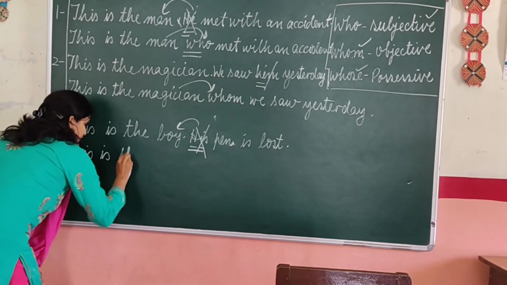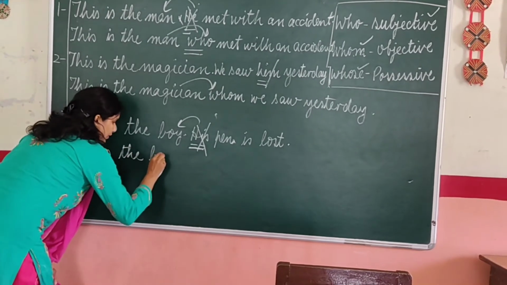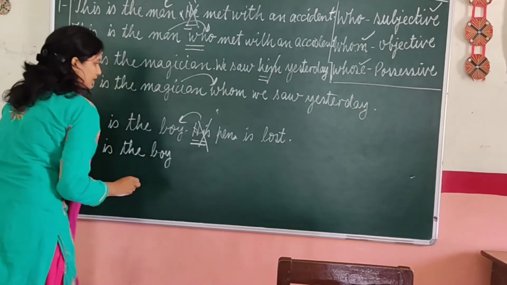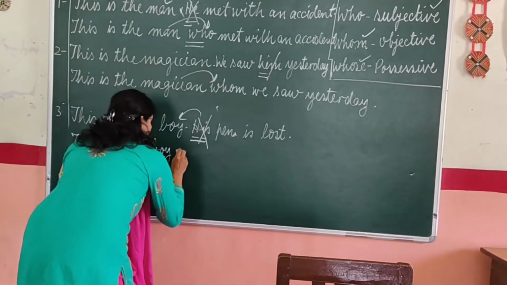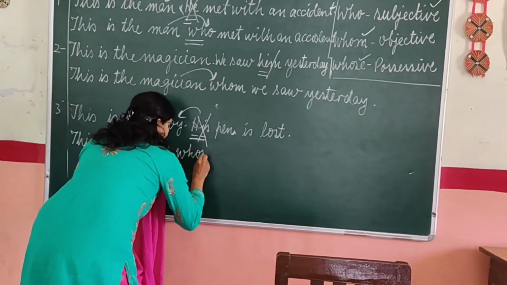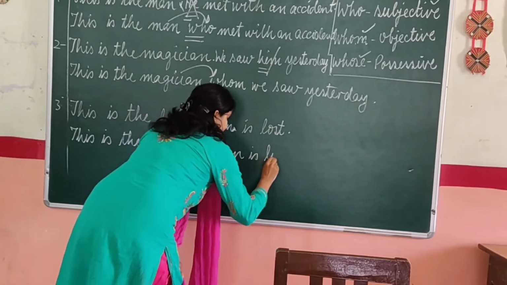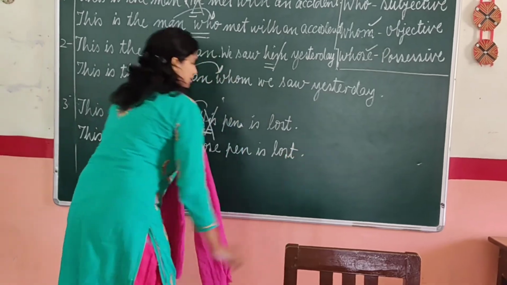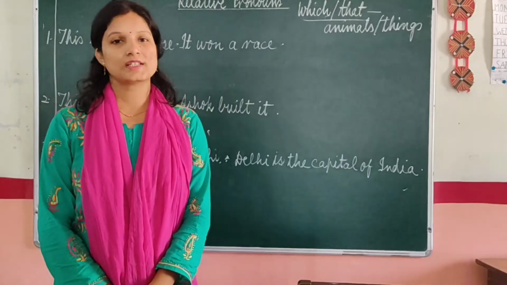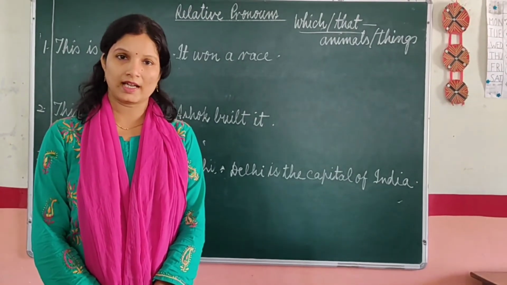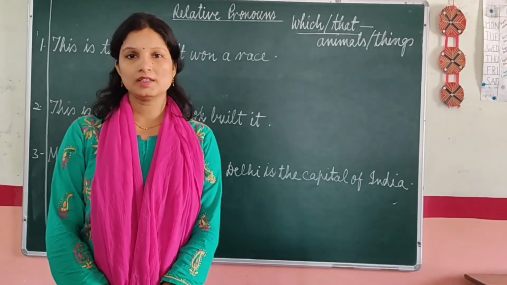This is the boy. We don't have to change the first part. Now we have to write in place of his, whose pen is lost. Clear?